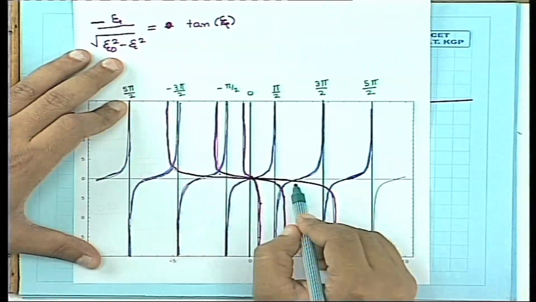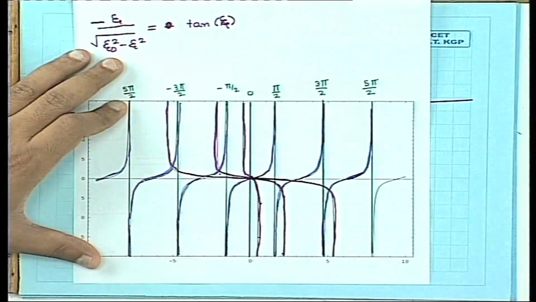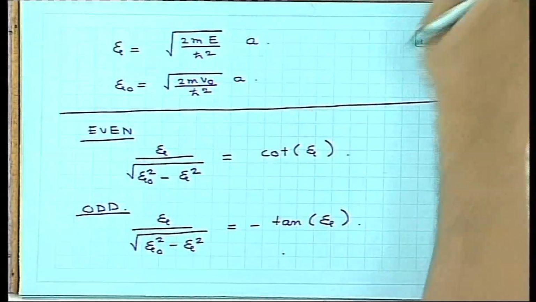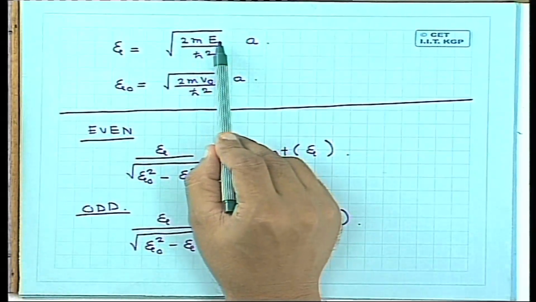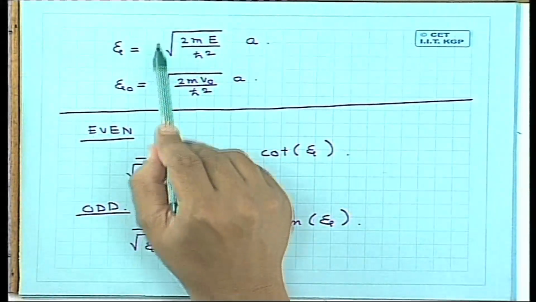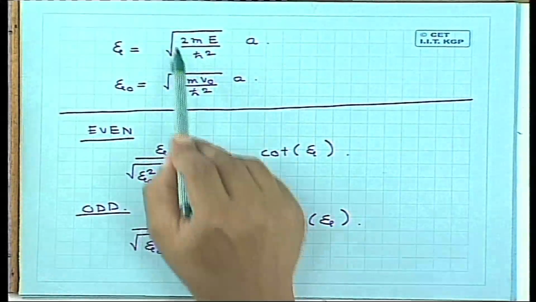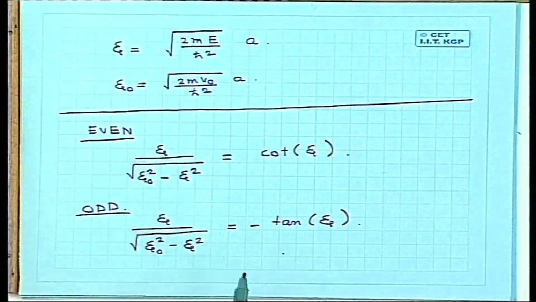One is a positive solution, the other is a negative solution. The positive solution and the negative solution both correspond to the same value of energy E. They are just the different roots corresponding to the same value of E.